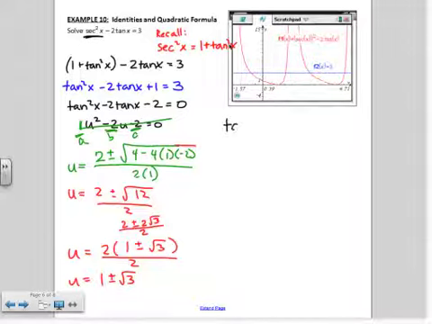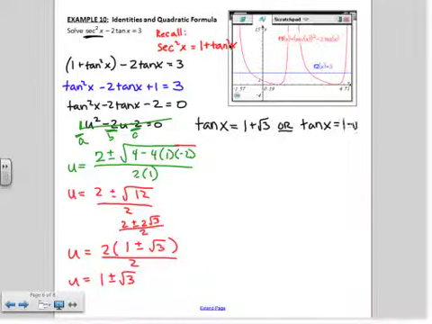So I know that tangent of x equals 1 plus the square root of 3, or, let me move it over a bit, tangent of x equals 1 minus the square root of 3. All right, so I have no idea where those are. We must use the calculator.